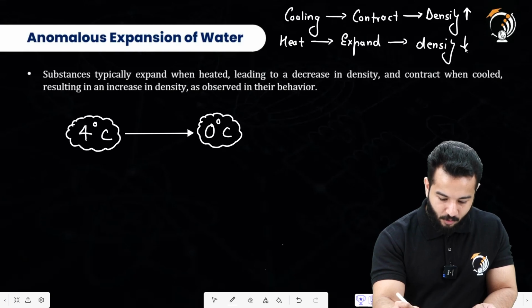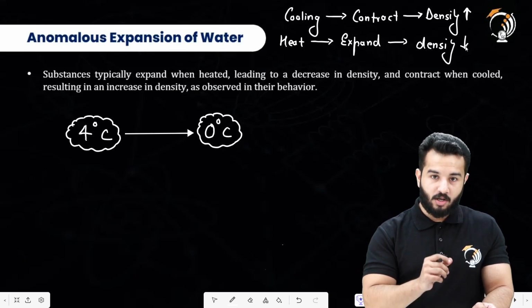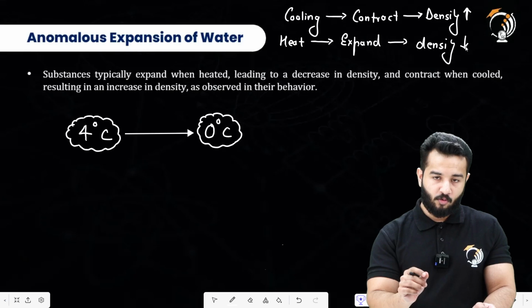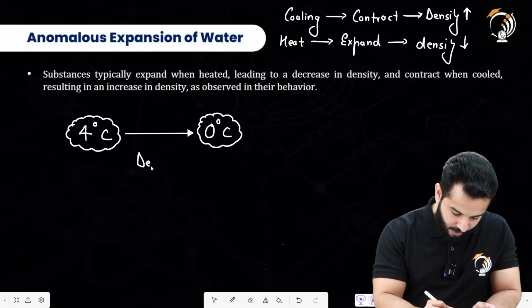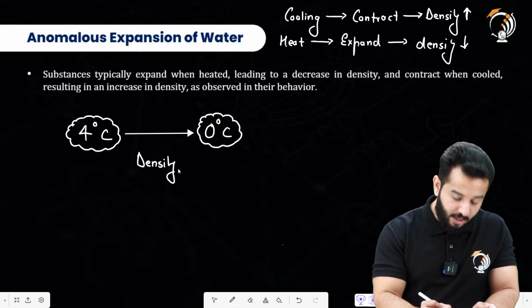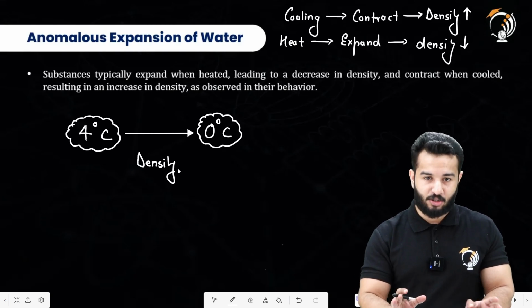A very simple phenomenon. But something different happens when you cool down water from 4 degrees Celsius to 0 degrees Celsius. Its density, which should go down theoretically, does not.